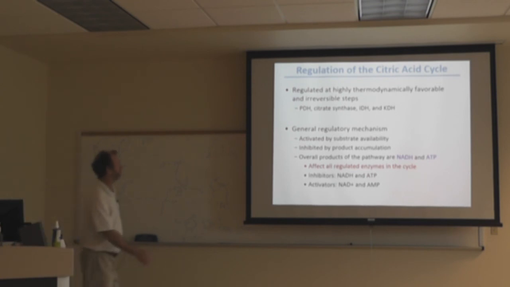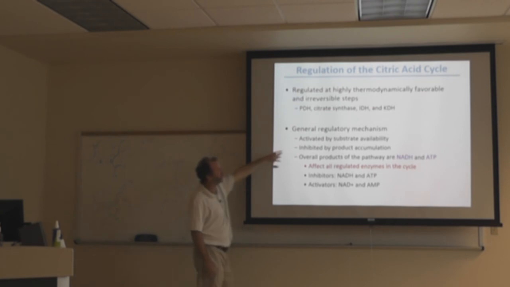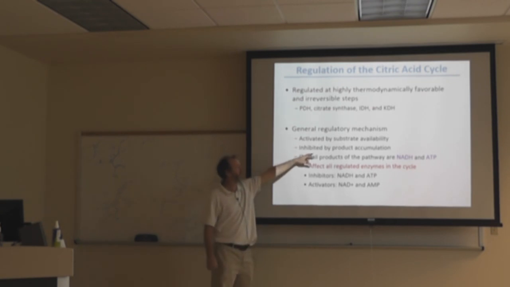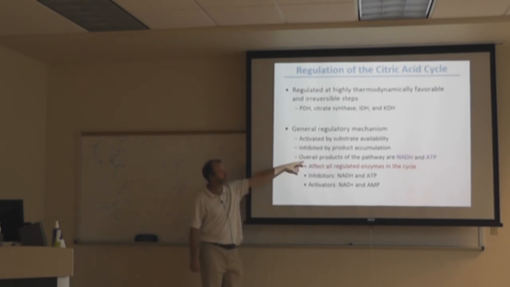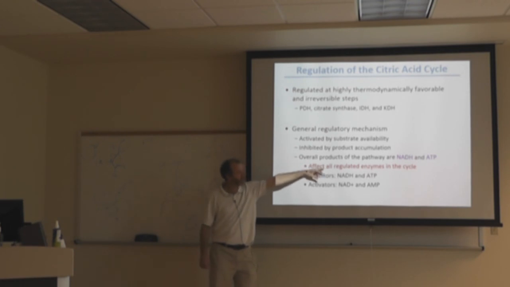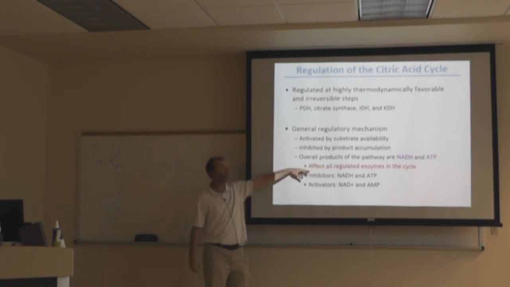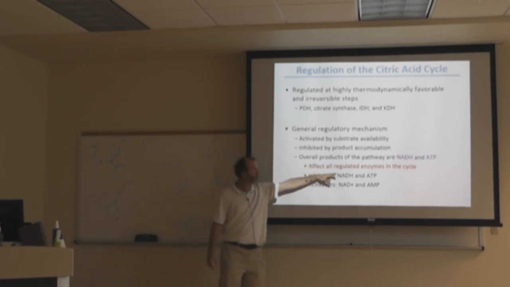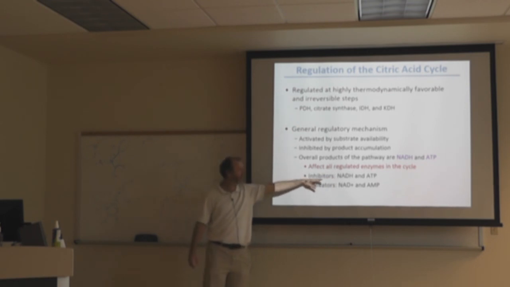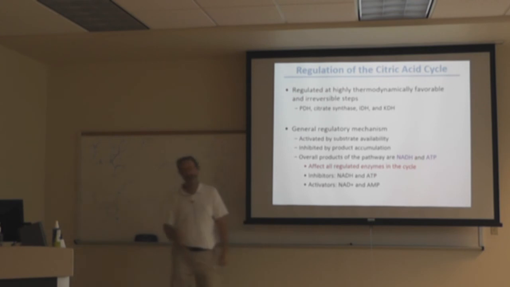General regulatory mechanisms: activated by substrate availability, inhibited by product accumulation. Overall, the products of the pathway are NADH and ATP, right? So they affect all regulated enzymes in the cycle: inhibitors are NADH and ATP, activators are NAD and AMP.